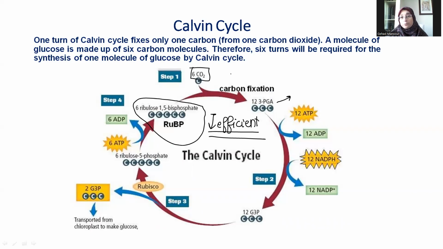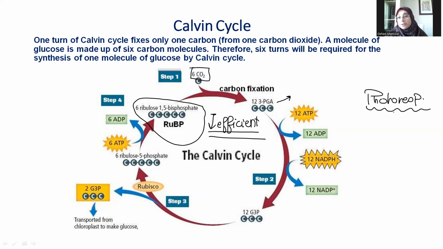So in photorespiration, we said before that it is wasteful because we produce less sugar and we don't produce any ATP, and we are wasting the energy of the cell without forming glucose molecules.